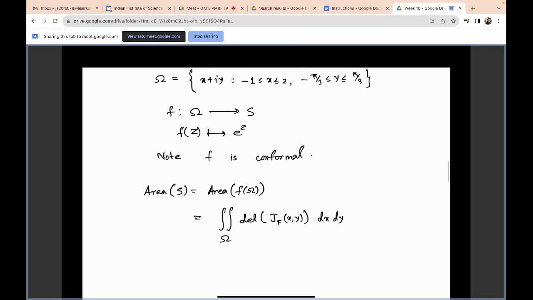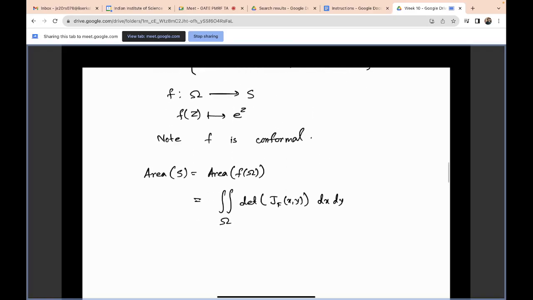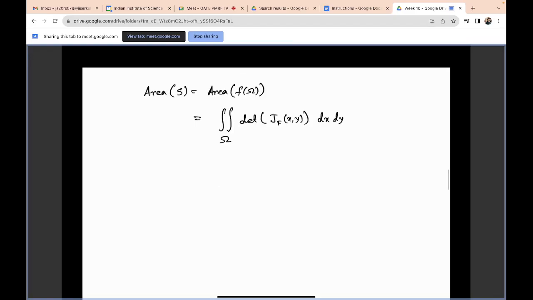So what is this capital F? Capital F of (x, y) is basically f of z, right? And f of z is e to the power z. So you can write it as e to the power x cos y, comma e to the power x sin y.